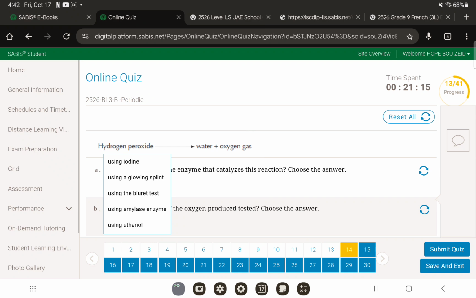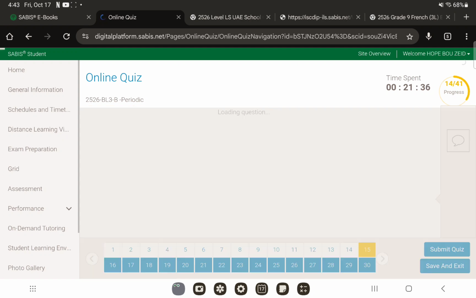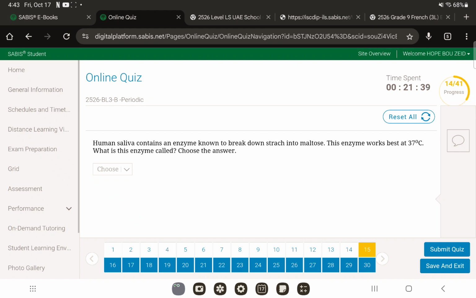If it does, then it will prove that oxygen is produced by the catalase breaking down the hydrogen peroxide. But here, the wooden splint that was lit up before will now be called a glowing splint, because once you light it up, it starts glowing. And it will glow.